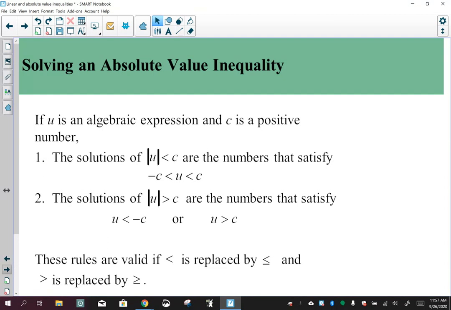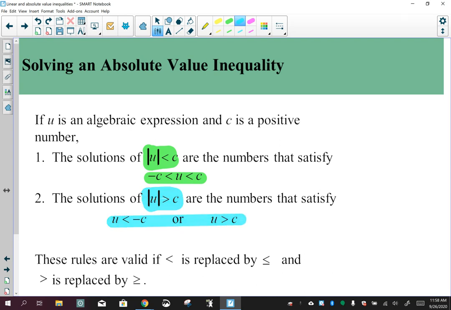So in an absolute value, you have two specific ways that you have to write it. If your absolute value is ever less than the other side, so we're focusing on less than the other side, this is how you rewrite it so you can solve it. So you rewrite it as a compound inequality. If it's ever greater than, then you have to separate it.